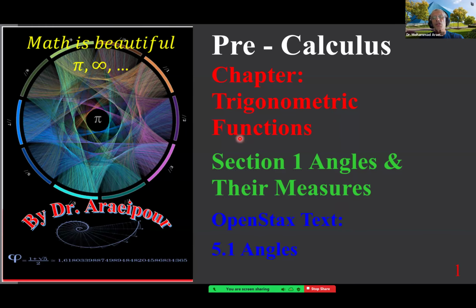Here's the first section we want to cover in trigonometry class, section 1, angles and their measurements. As far as the OpenStax text is concerned, it is 5.1.